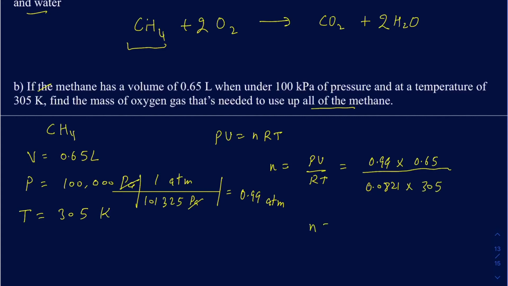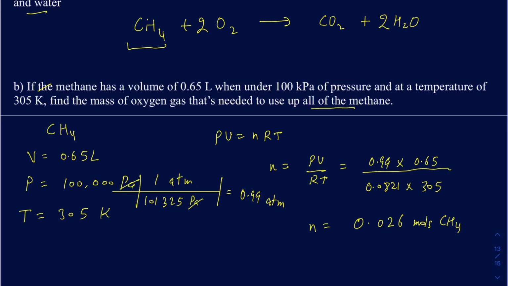So then the moles is 0.99 times 0.65 divided by 0.0821 times 305. It's going to be 0.026 moles of CH4 being burned in this particular case.